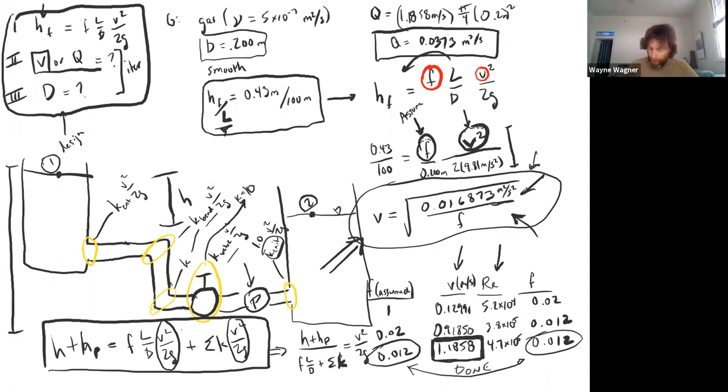Let's see if I can find a nice type 3. I'm going to clear all that. There's not really a lot of type 3 problems out there, so I'm going to go to my old homework. I'm going to go to Moodle, because I know I have assigned some type 3s in the past. And I think when you're in hydraulics, you can do a lot more with that type 3 stuff. Let's go down to old homework.